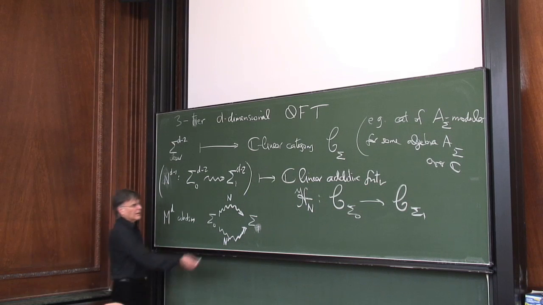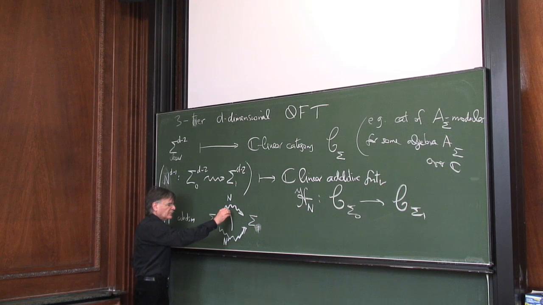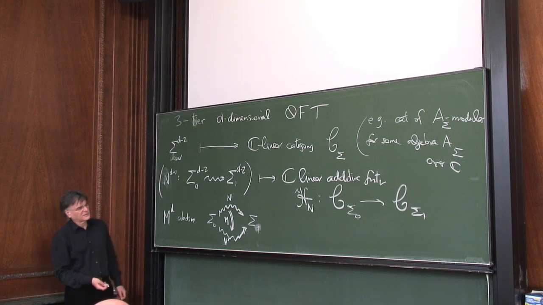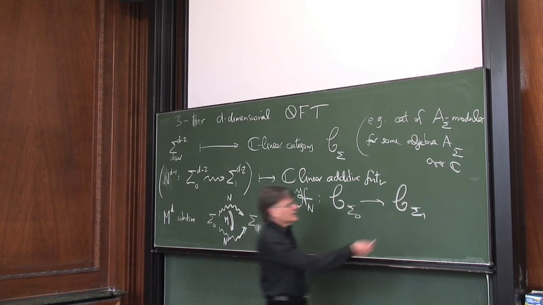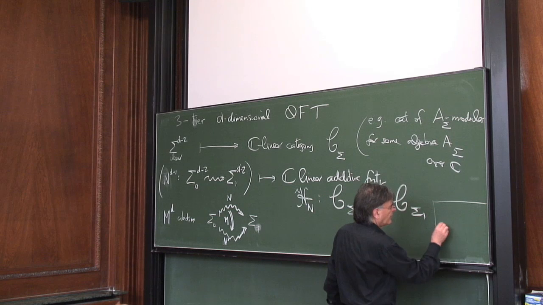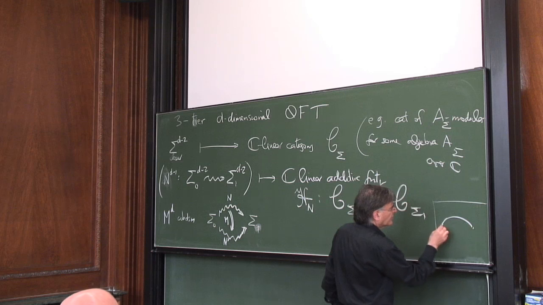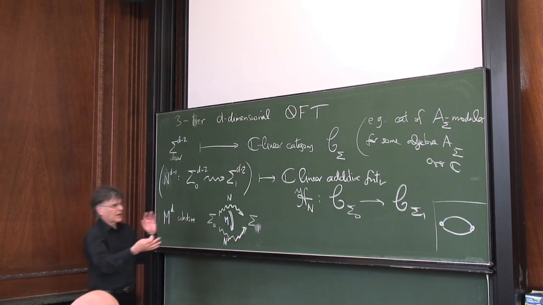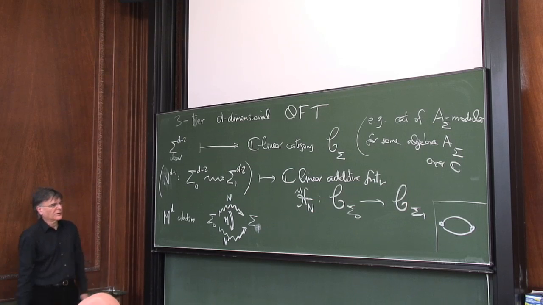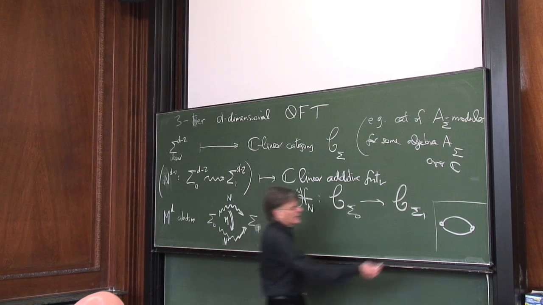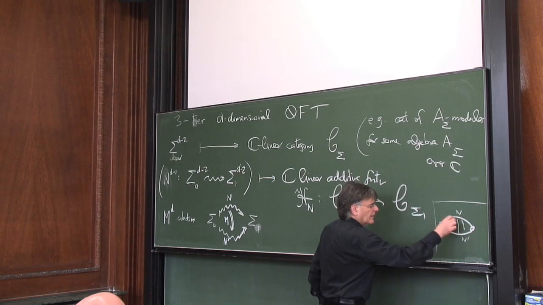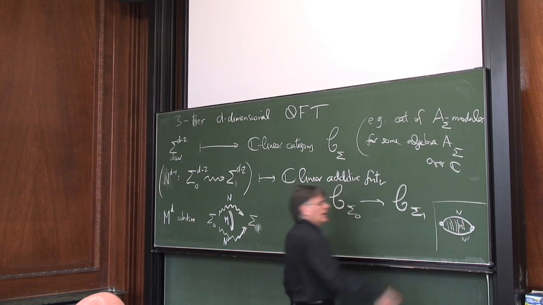Then I'll think of this as being some kind of transformation like that. So we think of a picture like this, where we have 2 manifolds, 2 cobordisms. These 2 things together form a closed manifold with boundary and corners, and M is something that fits in between the 2, like that.